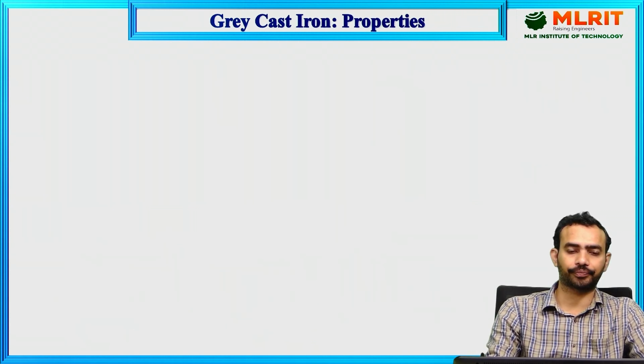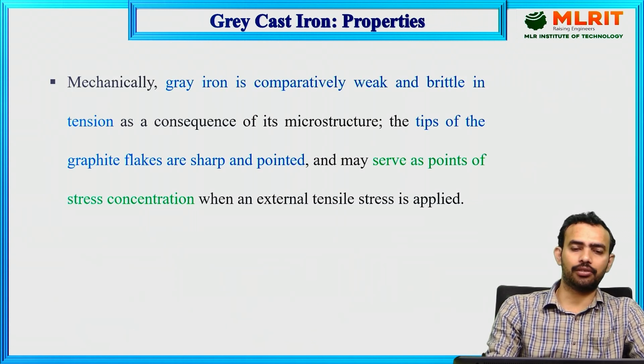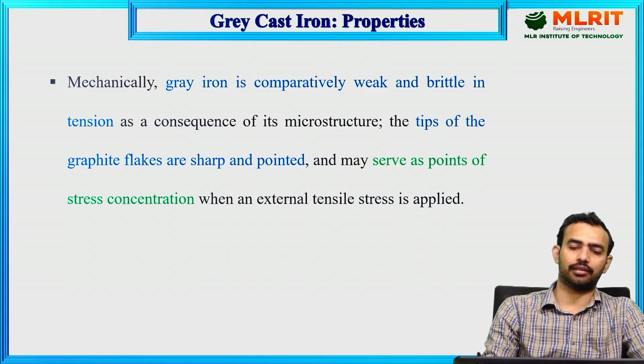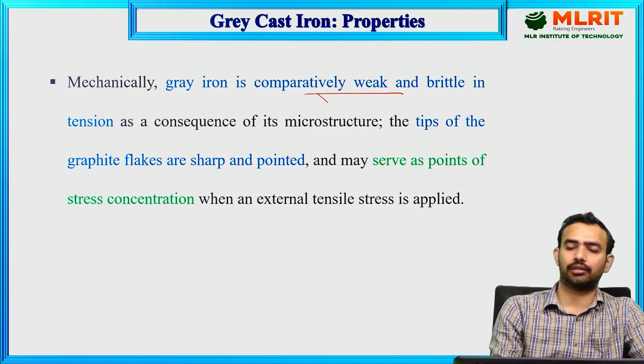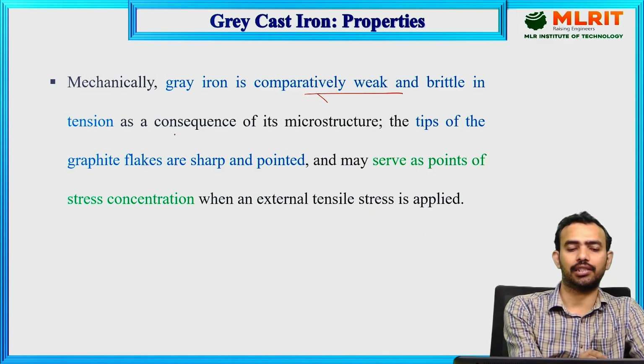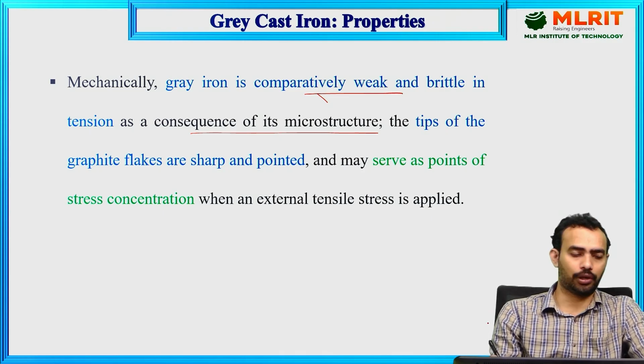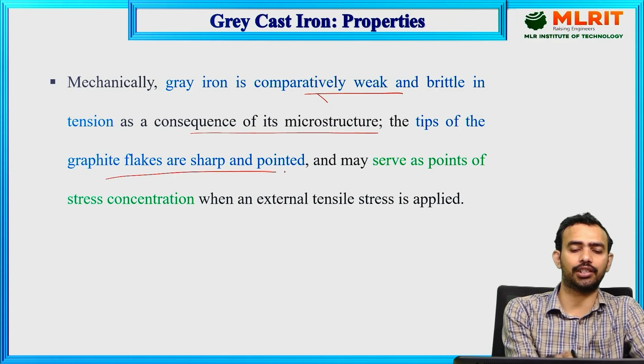If you look at the properties of grey cast iron, mechanically, grey cast iron is comparatively weaker, and it's also brittle in tension as a consequence of its microstructure. If you look at the microstructure we have seen, there is a presence of graphite flakes. These graphite flakes are sharp and pointed.